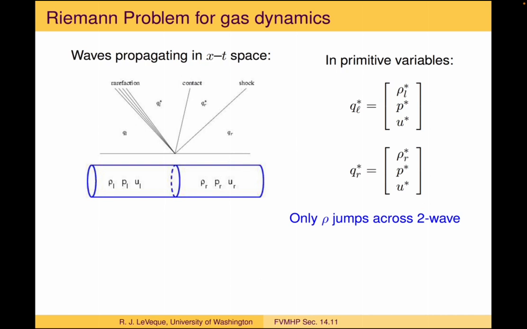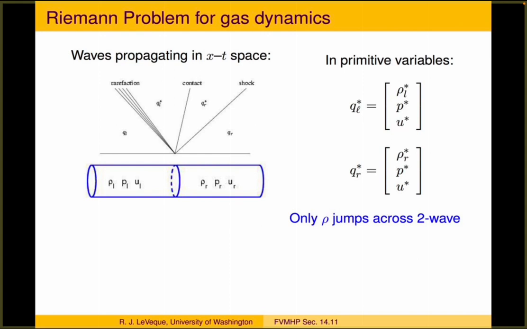Or if we look at it in the x-t plane, we get a picture like what's up here on the upper left. And we now expect 2 intermediate states. This Q_L star is the state shown here. Q_R star is the state down below. And notice that p star and u star are the same in both of those states. It's only the density that's different between the two states.